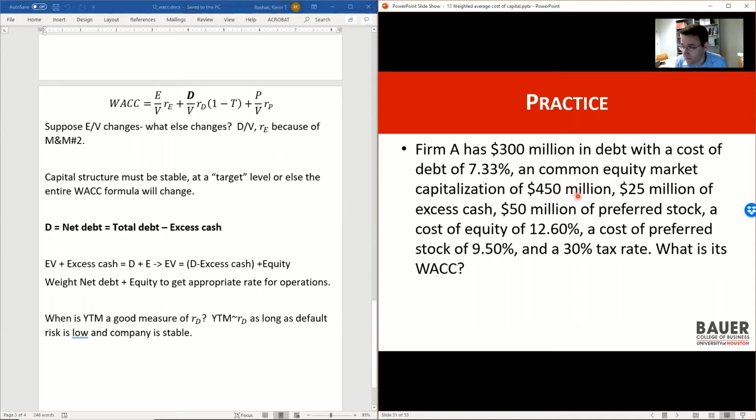They have $25 million in excess cash, $50 million worth of preferred stock. The cost of their common equity is 12.6%. The cost of their preferred stock is 9.5%, and they have a 30% tax rate. So what is the WACC? Here's the WACC formula, just a weighted average of each of these components. We have to take the information on the slide, put it into the formula, and that's it. Then we'll be done.